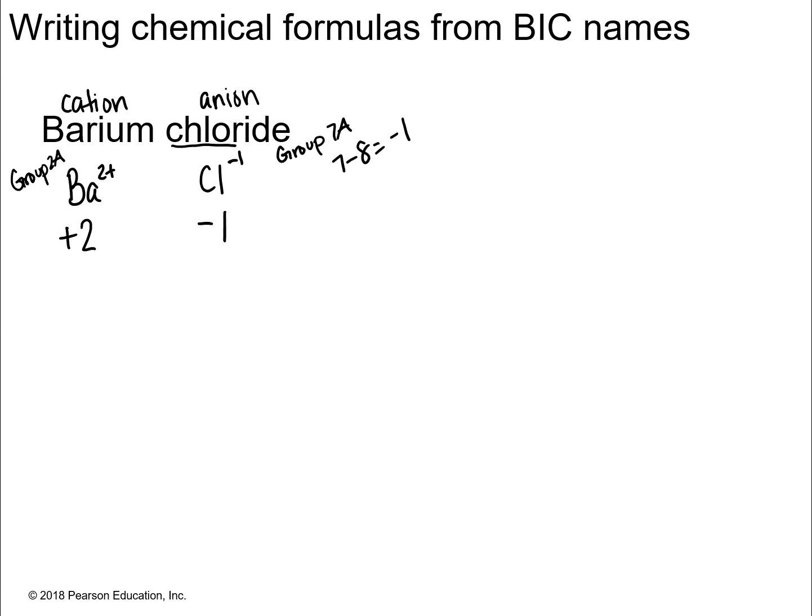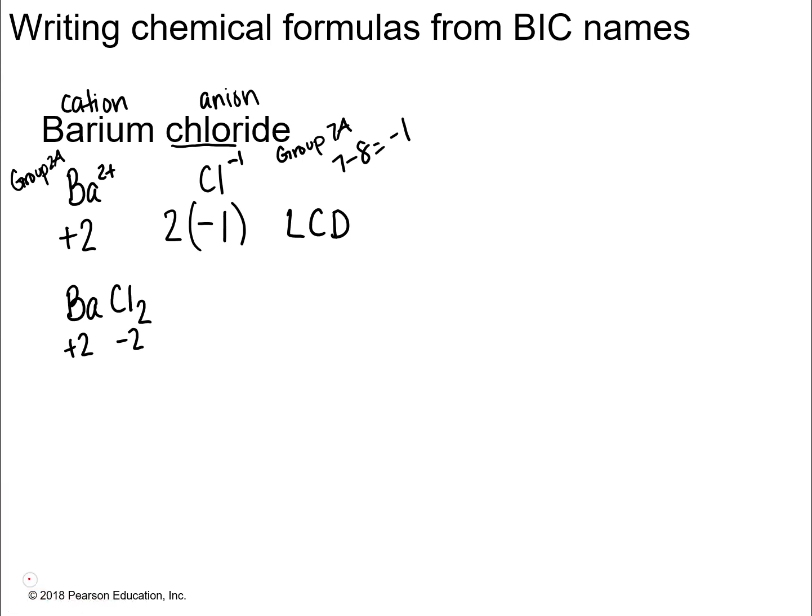So we've got to do something about that. What you do is find the lowest common denominator. And in this case, it's 2. So if we have one barium ion and two chlorine or chloride ions, then we'll have +2 and -2. And that is a neutral compound.